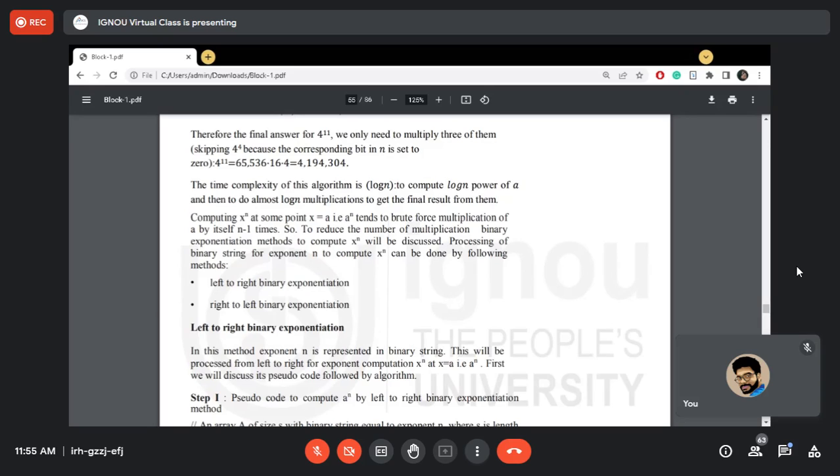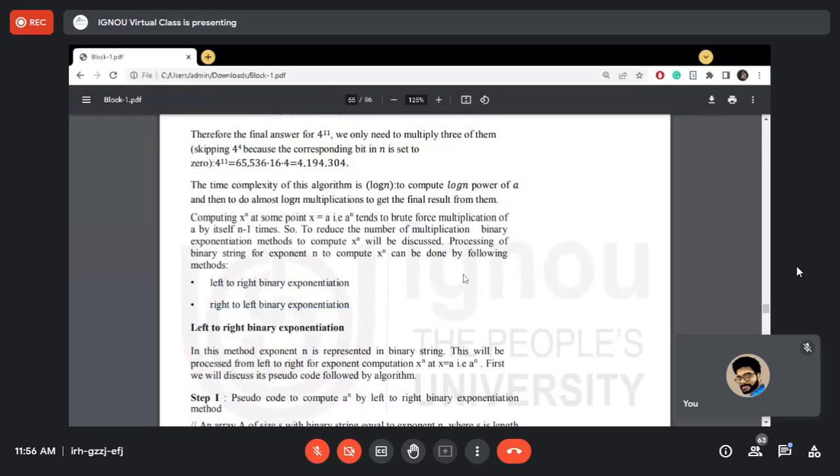Right? So let's take one example to reduce the number of multiplications using the binary exponential method to compute x to the power n. So here we have a binary string for exponent n to compute x to the power n. We have two methods here, left to right binary exponential and right to left binary exponential.